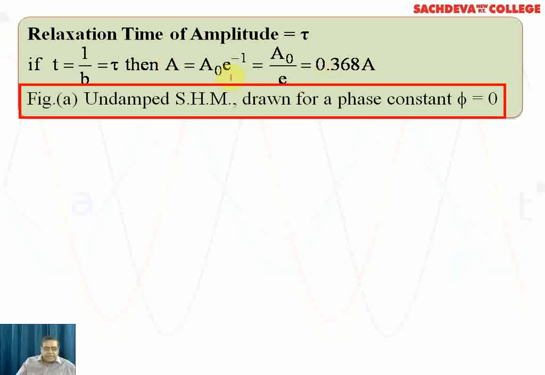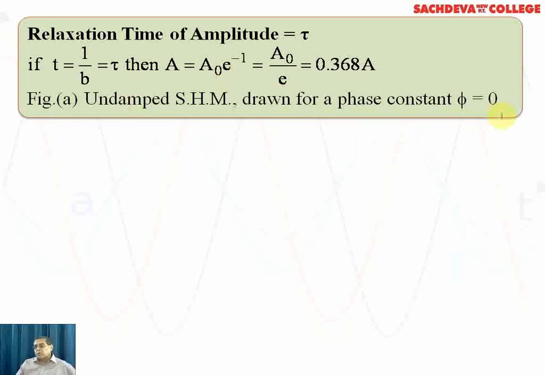Now figure A: undamped SHM drawn for a phase constant phi equal to 0. I have explained earlier also, when we use the term phase, we are referring to the position and direction of the particle at an instant of time.